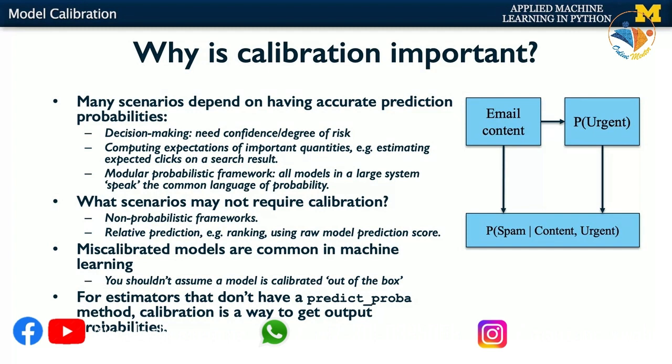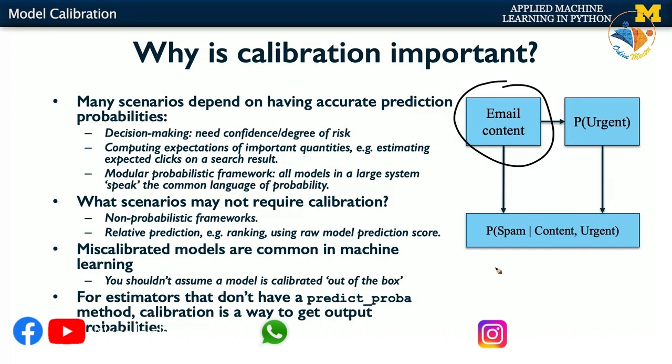And finally, it's quite common these days to have larger systems that are modular and probabilistic. So all the models in a large system that rely on each other speak the common language of probability. For example, on the right here I have a spam email detection scenario where the input to the system is some email content, and the goal is to predict if this email is a spam email or not.